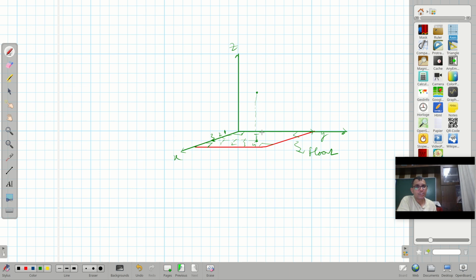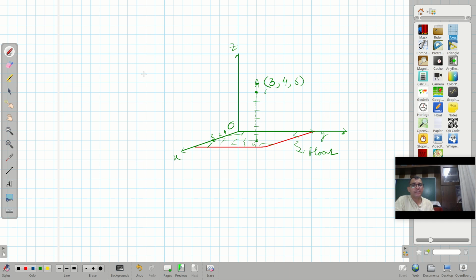Say this position is 1, this is 2, this is 3, this is 4, this is 5, and this is 6 position. So if the particle is somewhere here, say this position is A, basically along x-axis I moved 3 steps, along y-axis I moved 4 steps, and along z-axis I moved 6 steps.